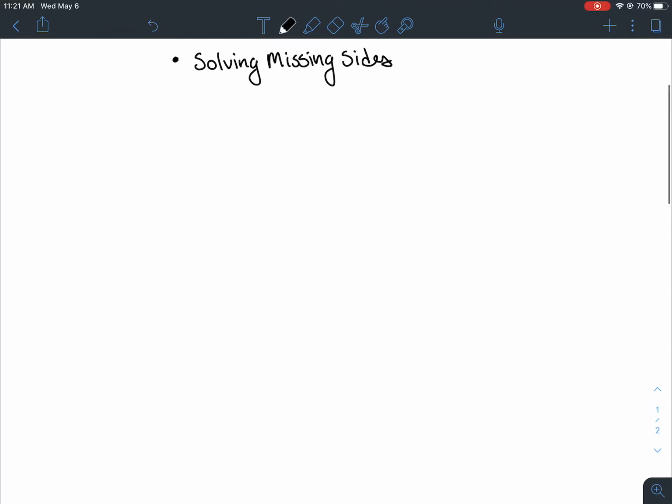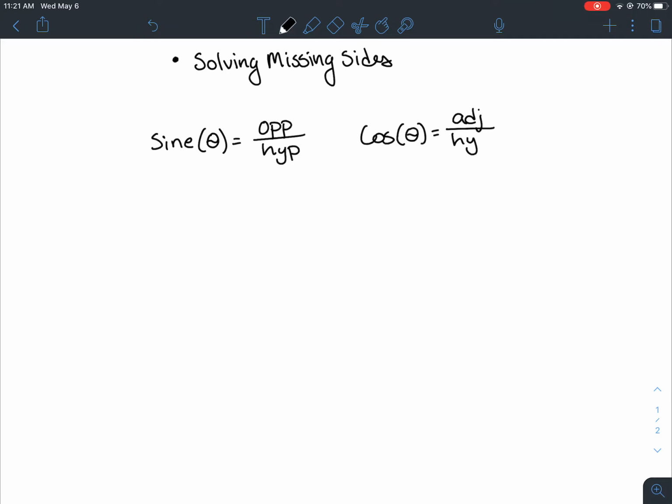So, first off, in recap, we had our sine of theta, of whatever that reference angle is, the opposite side length over the hypotenuse. And our cosine of theta was the adjacent side over the hypotenuse.